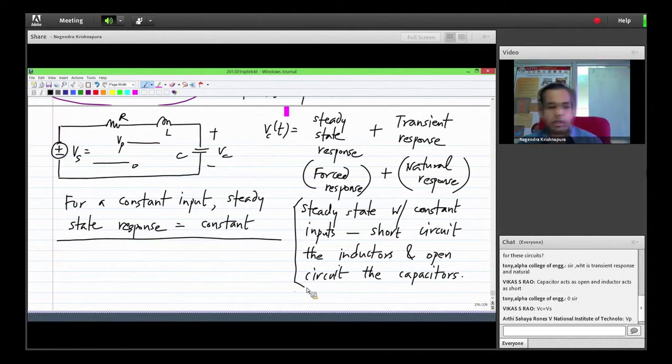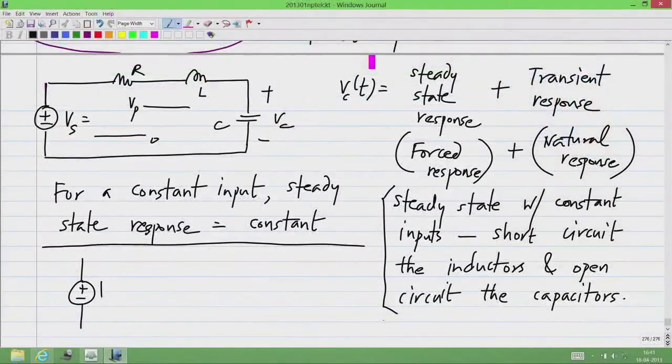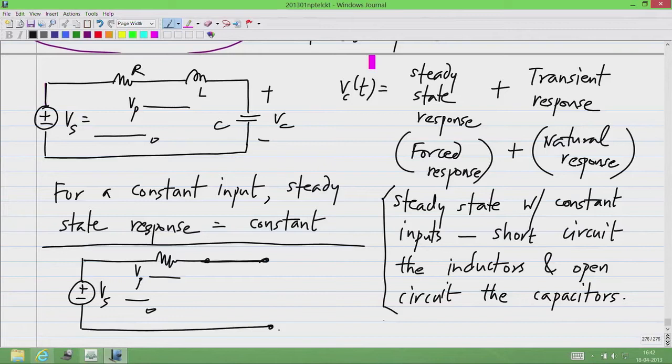So, clearly it will be the input source itself, because we have Vs which changes from 0 to Vp, and I have short circuited the inductor. Okay, that is the inductor short circuited and the capacitor is open circuited. So, if you have Vp here, exactly the same thing will appear there.